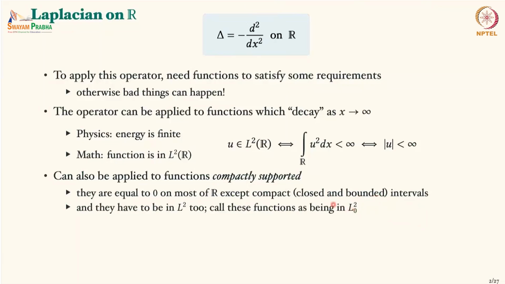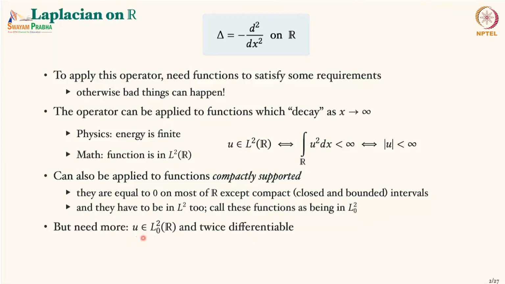Some people will call such a function locally L1, but I'm going to avoid complexities and call these L02 functions. These are L2 functions which, let's say, beyond -1 to 1, are 0. So between -1 and 1 they are defined, and everywhere except between -1 and 1, they are 0.